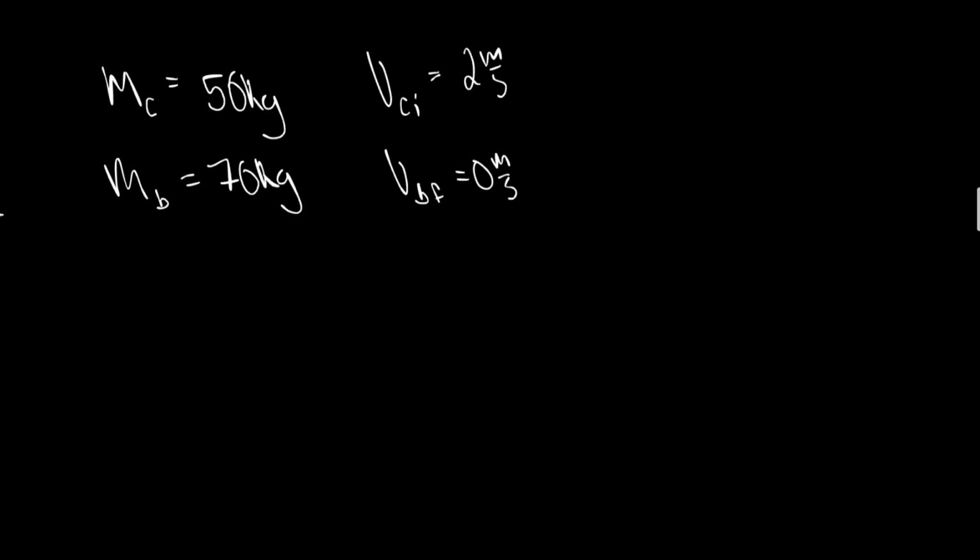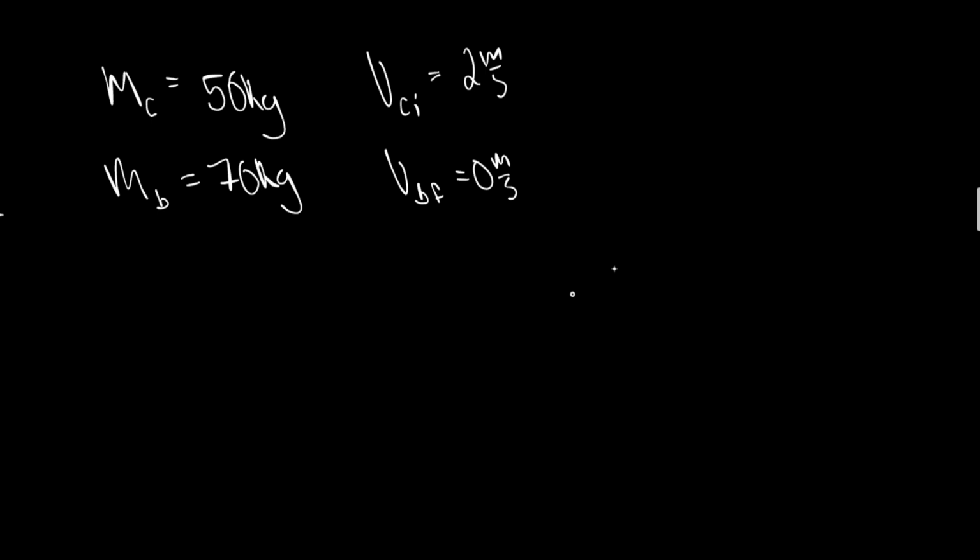So from this situation, we're asked how large of an impulse the boy gave to the cart. This is a bit of a different question than what we're used to because we were previously just dealing with momentum. But now we're going to deal with the change in momentum because we're asked about the impulse.